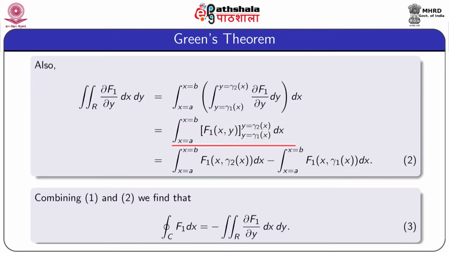So, this equals integral x equals a to b, where the integrand is f1(x,y), with lower limit y equal to gamma 1(x) and upper limit y equal to gamma 2(x), dx. So, this equals integral from a to b f1(x, gamma 2(x)) dx minus integral a to b f1(x, gamma 1(x)) dx. Now, combining 1 and 2, we find that the integral over C of f1 dx equals minus the double integral over R of ∂f1/∂y dx dy.